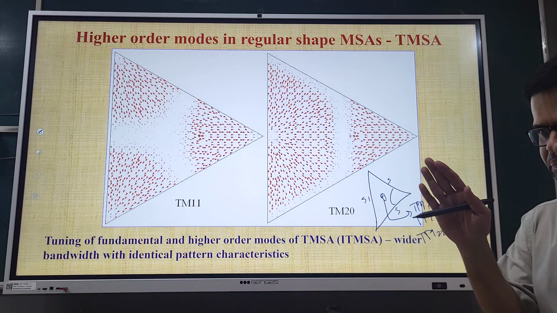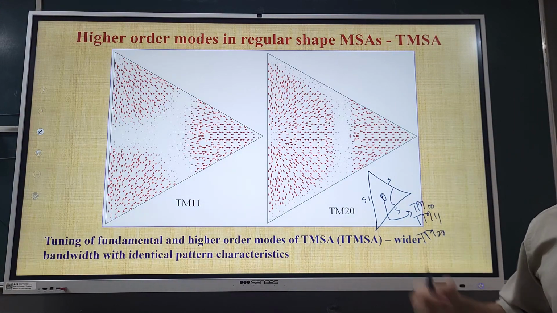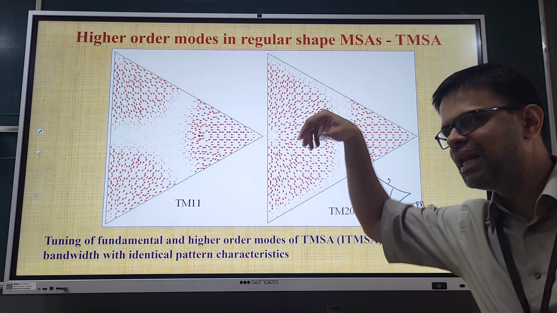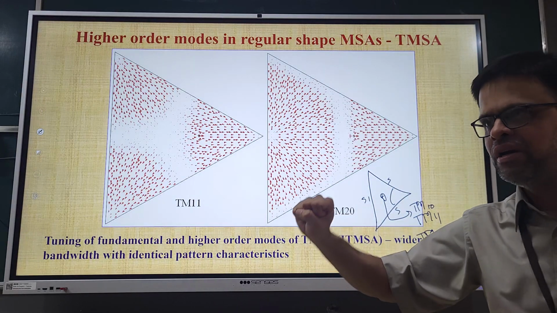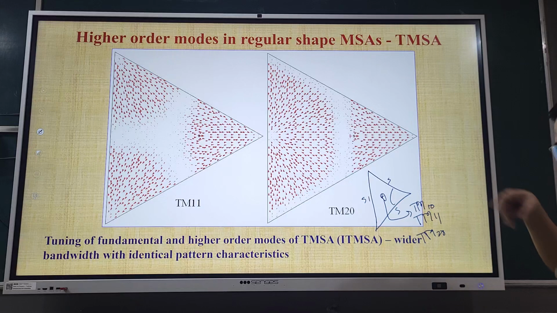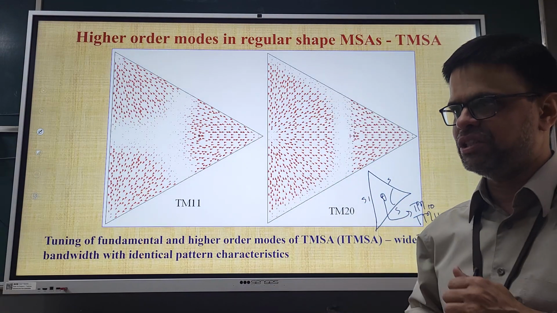Okay, so higher order modes, by changing one of the patch parameters, in fact a beautiful study is there in the literature. By changing this angle, one can change the current distribution directions and one can tune the first 3 higher order modes. Of course, for tuning the last higher order mode you require a slot. But by integrating all these things together, we can have 3 modes coupled together and increase the bandwidth using a single patch.